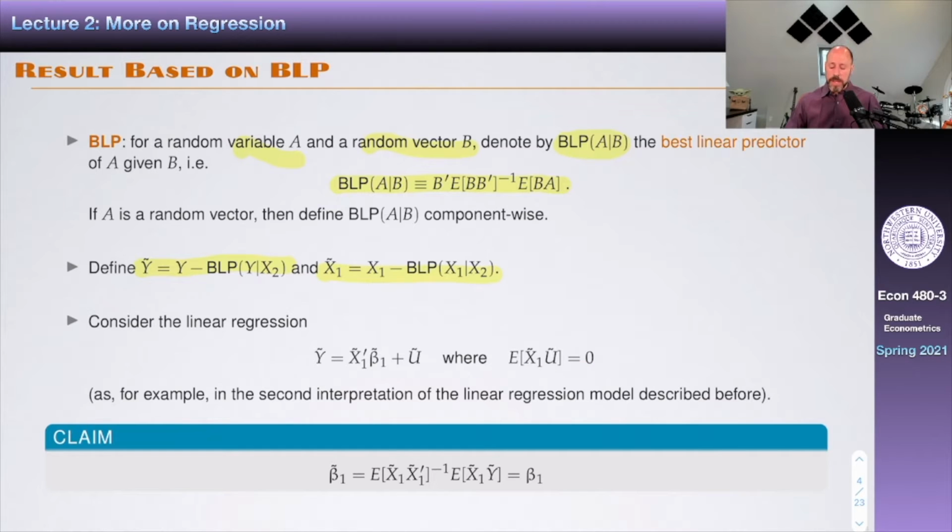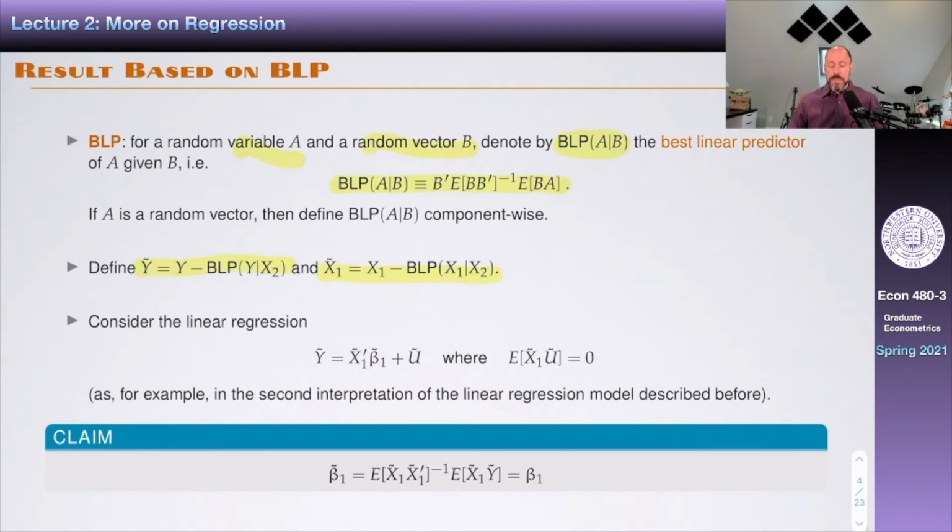So, for example, we can do this if we, again, interpret this as another projection, like in the second interpretation of the regression model that we described last time. So there's not an assumption here. It's just that what we're saying, what's the interpretation of beta 1 tilde.